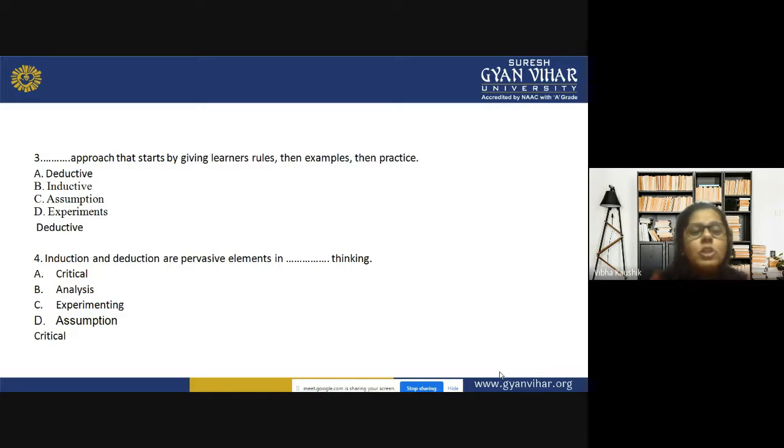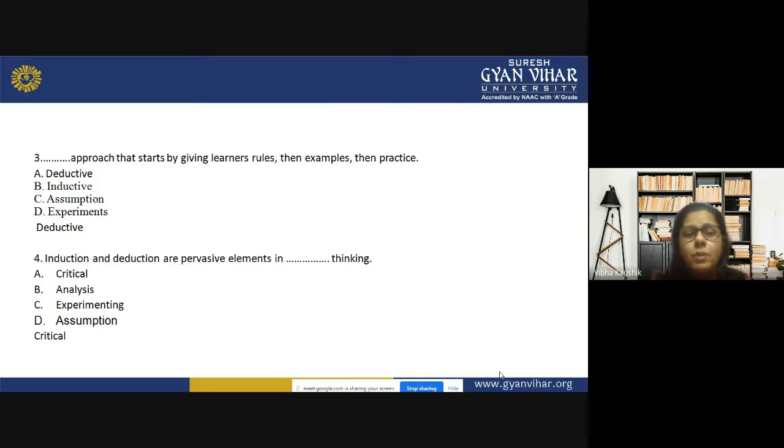Now, the dash approach starts by giving learners the rule, then examples, then practice. If the teacher is using this approach, it will start by giving learners some rules. Then, on the basis of the rules, various examples will be presented, and through those examples they will practice, first guided practice and then general practice.